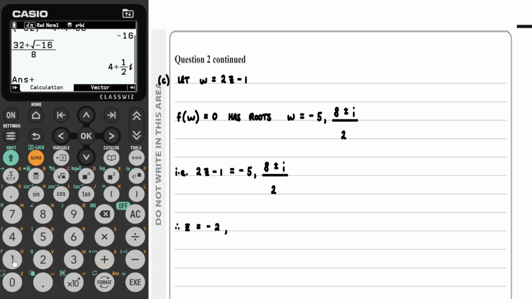If I add on to this 1 and then divide by 2, we end up with 2.5 plus minus a quarter i, or equivalently 5 over 2 plus minus i over 4. So we have z equals negative 2 and z equals 5 over 2 plus minus i over 4.